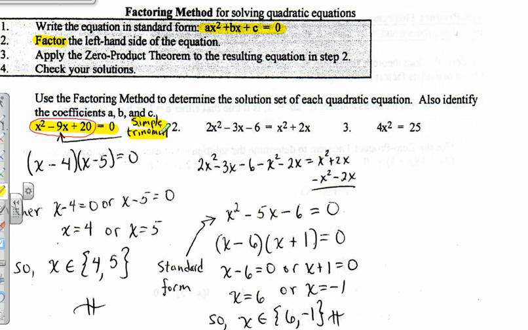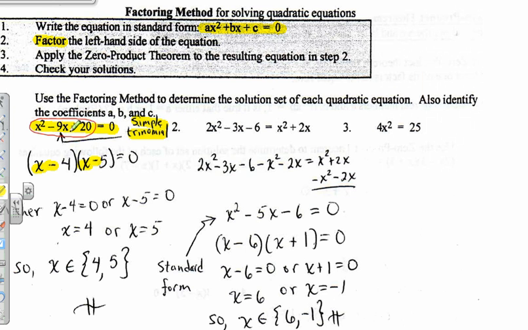Capital B is equal to negative 9. Capital C is positive 20. Since C is positive, I know that the numbers I'm looking for have to have the same sign. What sign? The same as B. So notice that I start off by putting minus signs here. And not only that, I have an x here and an x here because it's a simple trinomial.